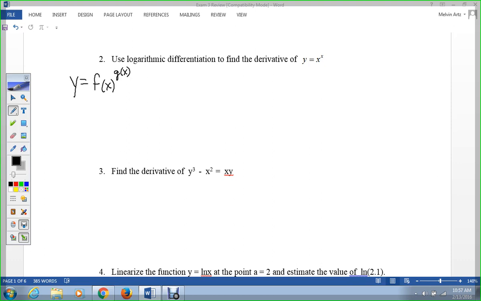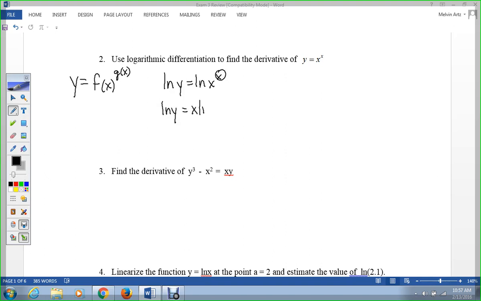Now, the steps in logarithmic differentiation: we take the natural log of both sides of the equation. The reason we take the natural log of both sides is so that we can use one of the properties of logarithms, which says we can bring down this x in front.